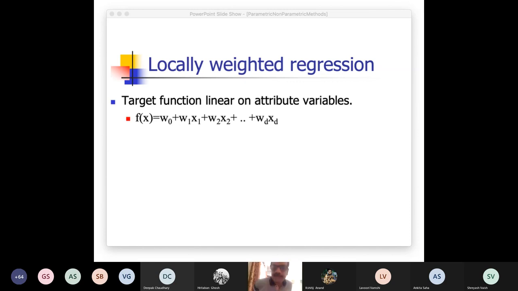So was there any response? So Rahul Kumar, can you answer this question? So probably Rahul is not there.